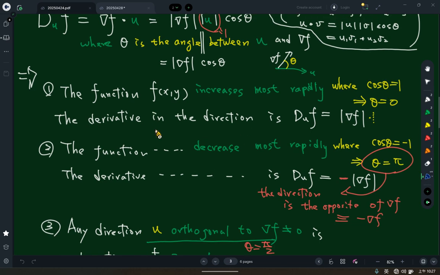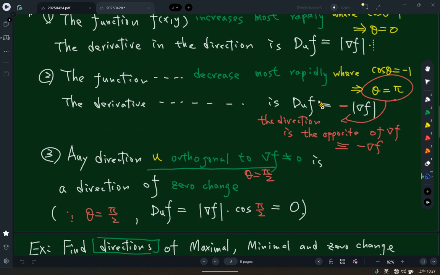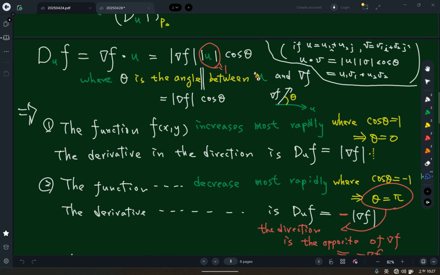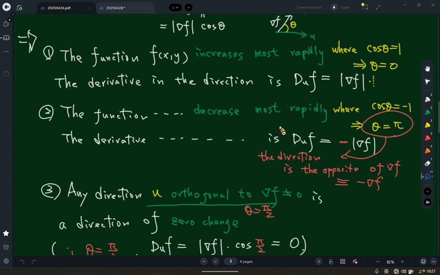Based on these three discussions, we can know that if the direction just follows the gradient vector, then the function can increase most rapidly. If the direction u just follows the opposite direction of the gradient vector, then that can cause the function to decrease most rapidly.